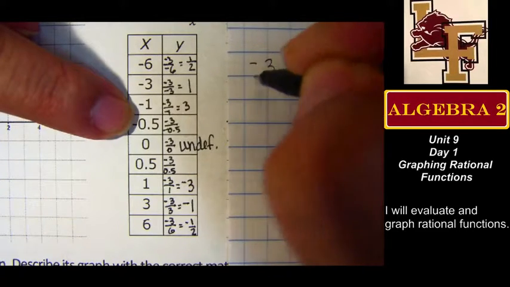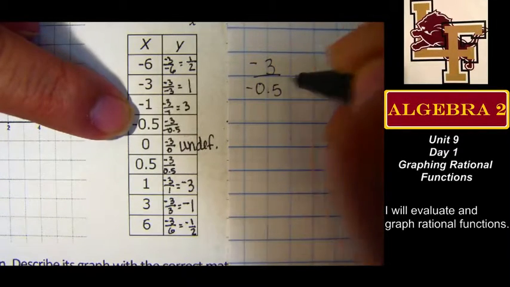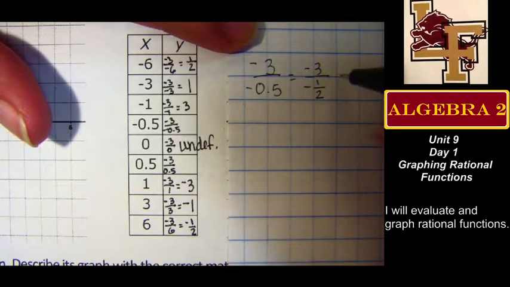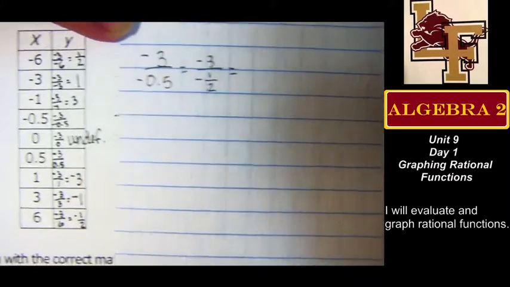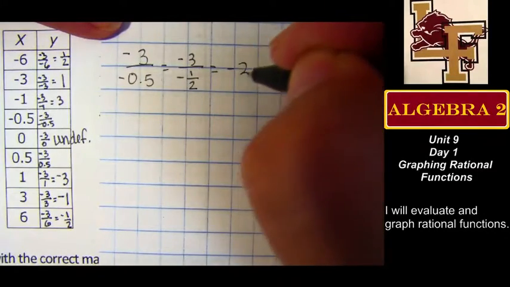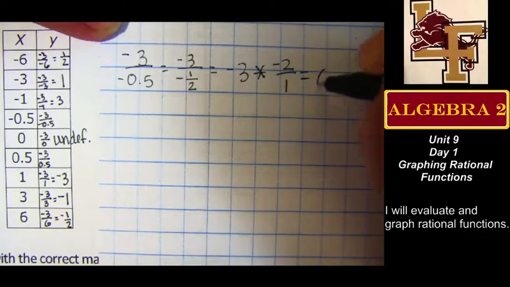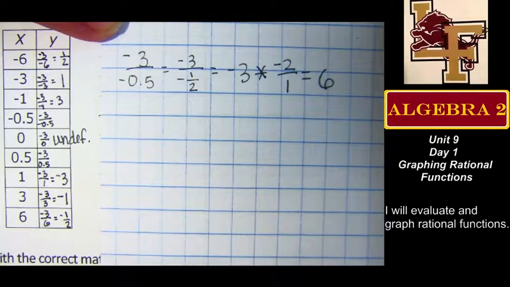Alright, so I'm going to do this one. -3 over -0.5. That's the same as -3 over -1/2, which is the same as -3 times -2 over 1. That's positive 6.